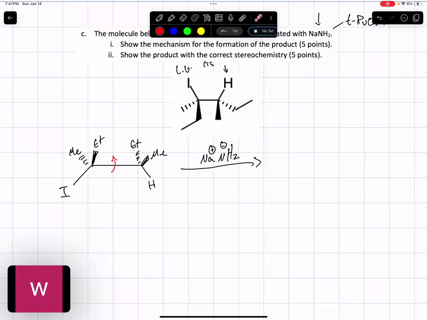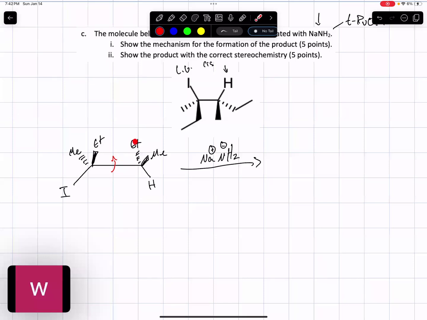Let's say this is your right hand, right? If this was your pinky and methyl was considered your pointer finger, and this is your thumb, this is the back carbon, right? This is your right hand, and we're twisting just the back carbon.